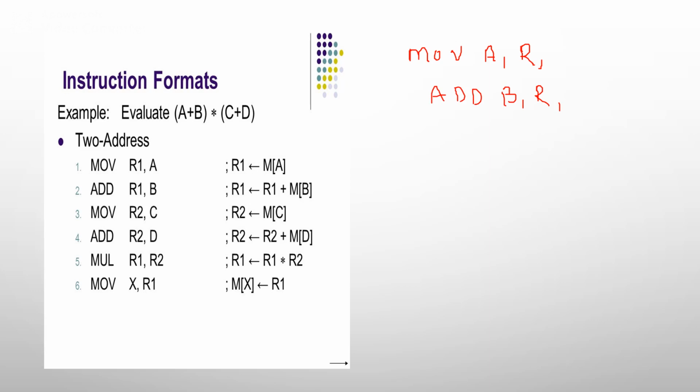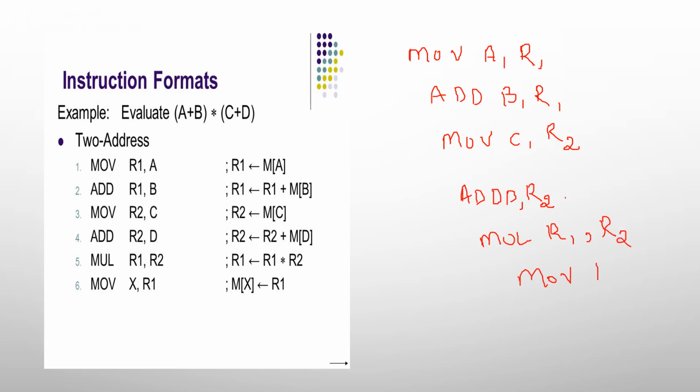So next move c comma r2, add r2 comma, or else I can say that add d comma r2, multiply r1 comma r2, move r2 comma x. So this is also possible. This is another way of writing the same code.